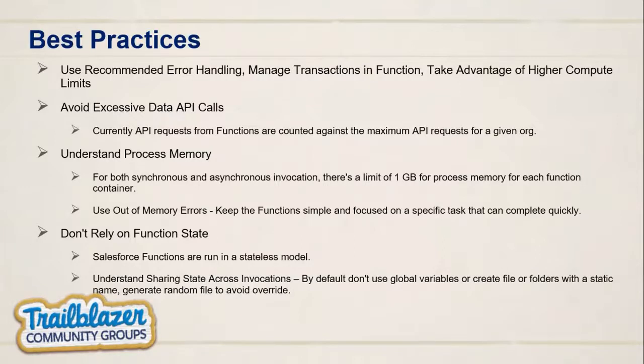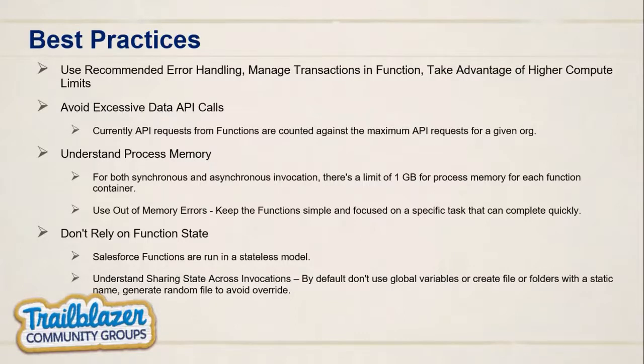So next is to manage transactions in functions. Functions generally run outside the Apex transaction. This is one of the main advantages when we go for Salesforce functions instead of Apex functions. All the Salesforce functions will be running outside the Apex transactions, so whatever data change we make in our Salesforce function will not be automatically tracked in our Apex transaction.